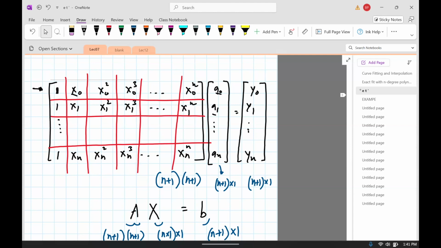It's a smart way of writing the polynomial equation so that you don't really have to deal with this whole mess of inverting the matrix. So the second method is called Lagrange interpolation.